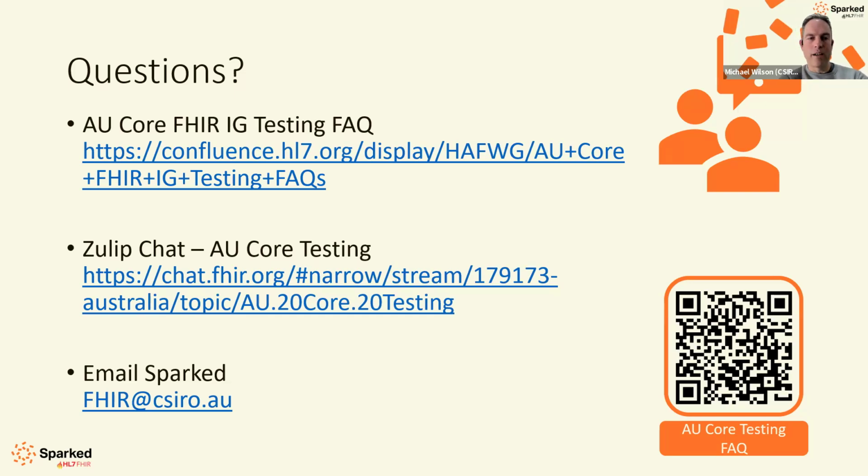We've also got a Zulip chat channel where you can raise questions and we can collaboratively talk about different things going on in testing. That's a great place to do that. You can also email Sparked at fire@cyro.au if you've got any questions or comments.